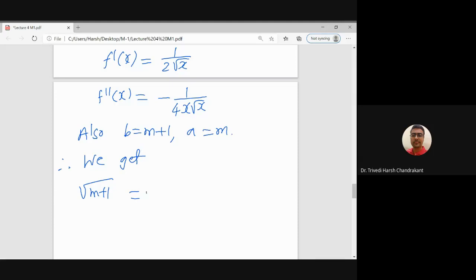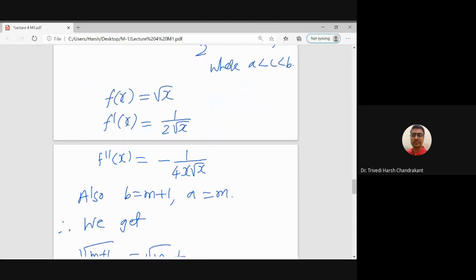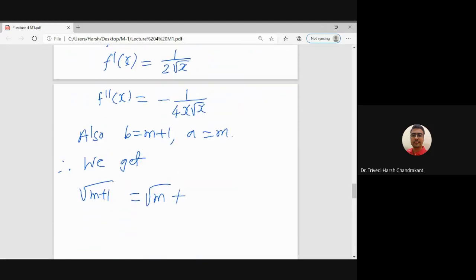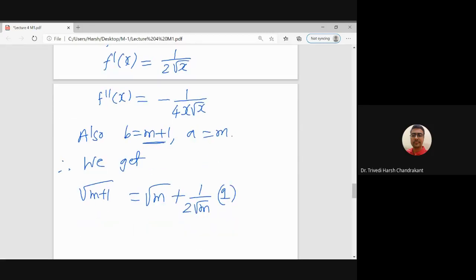So a is m, so we get square root of m plus what is the next term? That is f'(a), the derivative at m. So derivative at m will be 1 divided by 2 square root m, right? And 1 is basically b minus a, the difference of m plus 1 and m, that is 1.